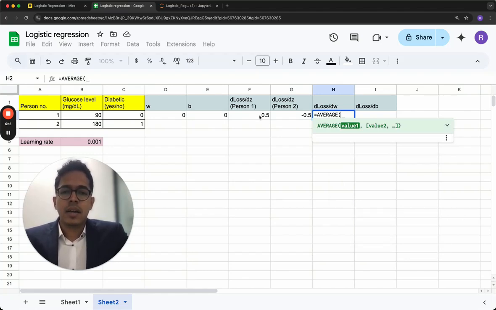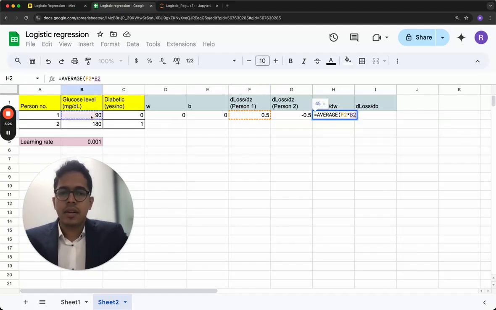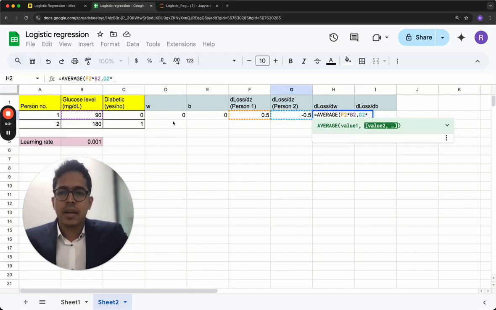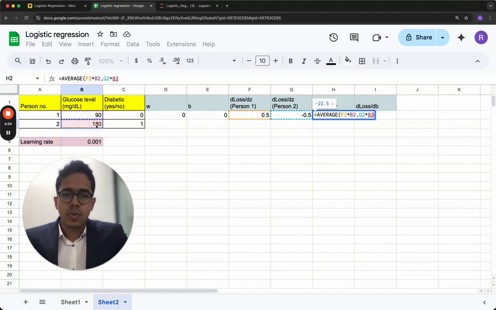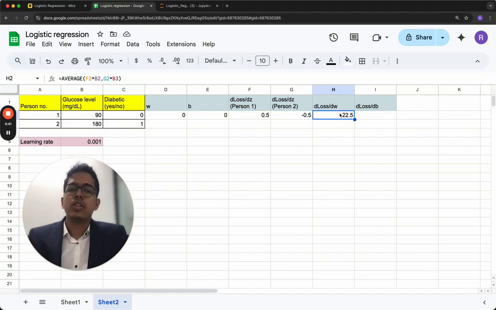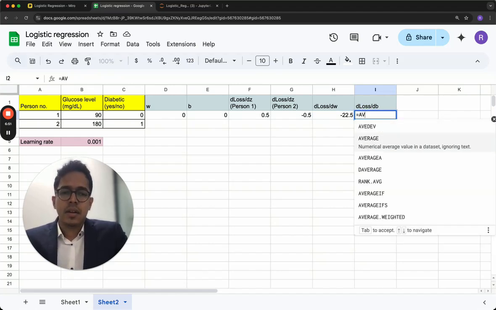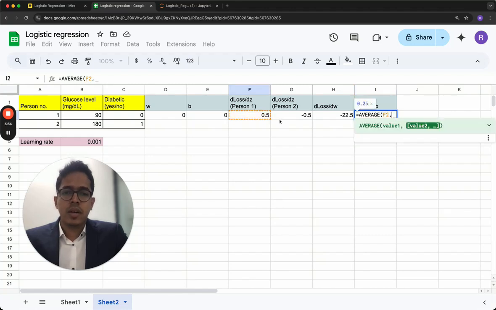The numbers are D loss by DZ times X for person 1, comma, D loss by DZ times X for person 2. And this will be the average value of the loss with respect to W, and the mean value of loss with respect to B will be equal to the average of these two guys, this comma this.